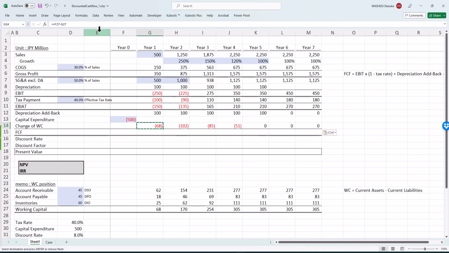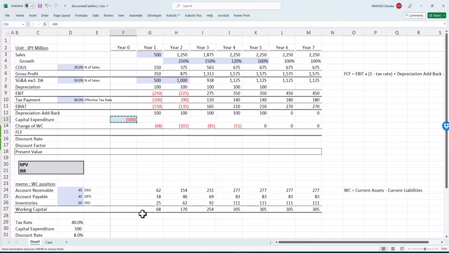However, I want to put some adjustment here. Just think about the product launch of the lemon shampoo and lemon conditioner: we need to build up the inventories prior to the product launch, right? So year 1 is the product launch year. However, in order to launch the product, we need to have a pipeline and we need to prepare the inventories.